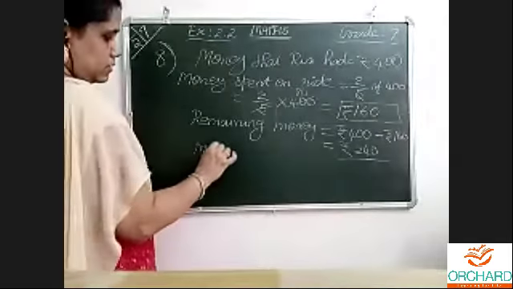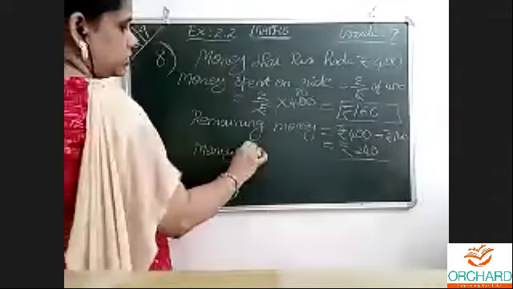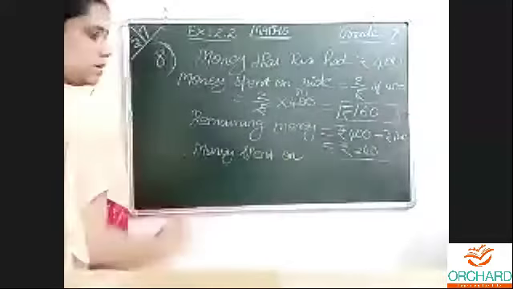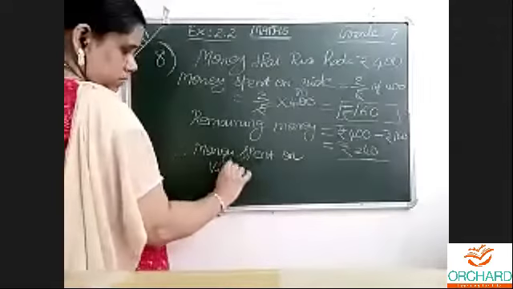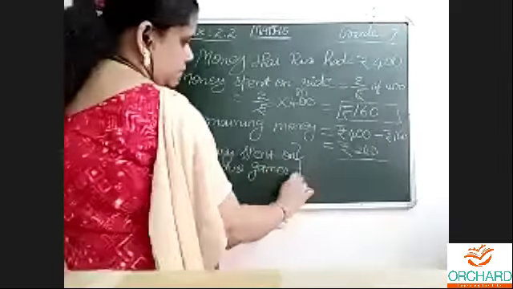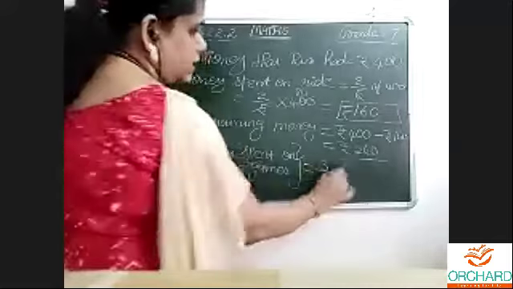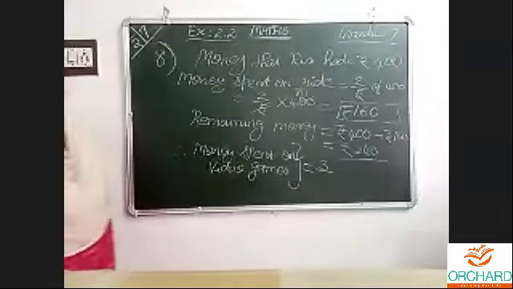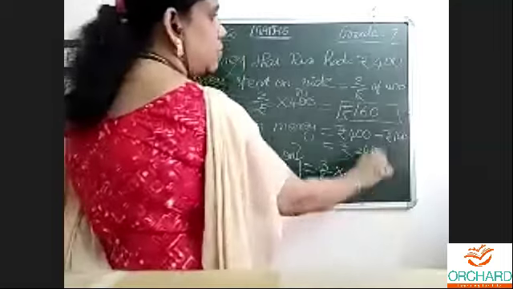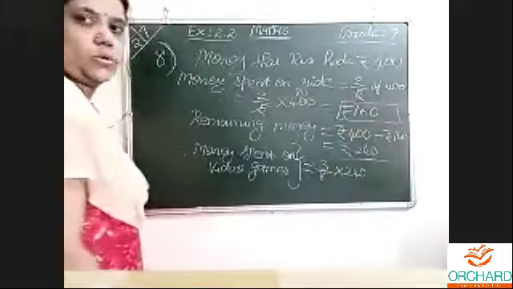Therefore, money spent on video game, because they gave 3/8 of the money. Understand the question: 3/8 of the balance money, don't use this 400, the full question will go wrong.